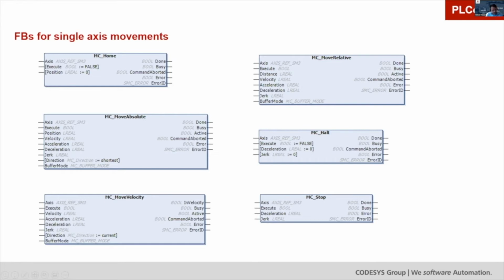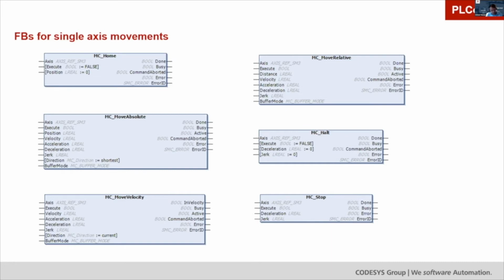We need other parameters like the velocity, the acceleration, deceleration, and even the jerk. And in case of modulo axis, we can also define the direction, because then we have, of course, always two possibilities to reach a position: in positive direction, negative direction, or even in shortest direction or in fastest direction.